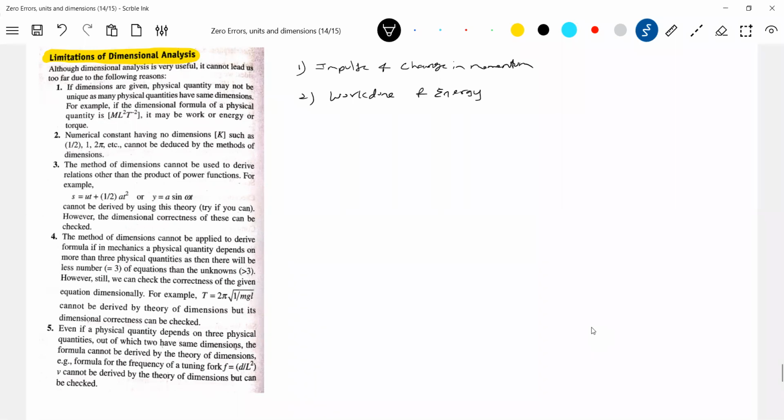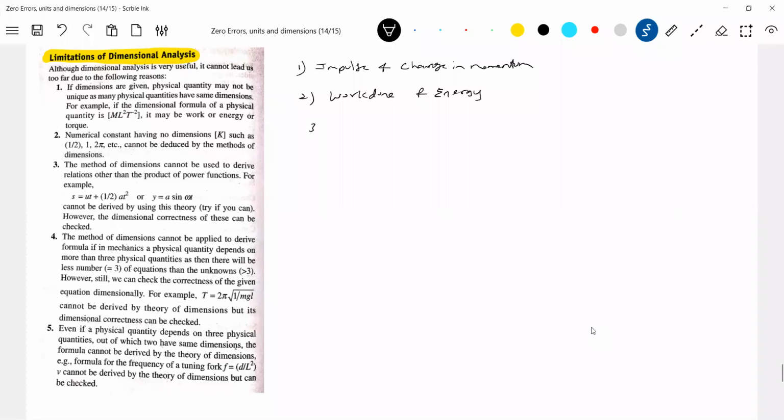Impulse and change in momentum, work done and energy. Both are different physical quantities but they're having the same dimensions. So this is one thing troublesome for us. With this, what we can say, these two physical quantities, the nature are different. Am I right?